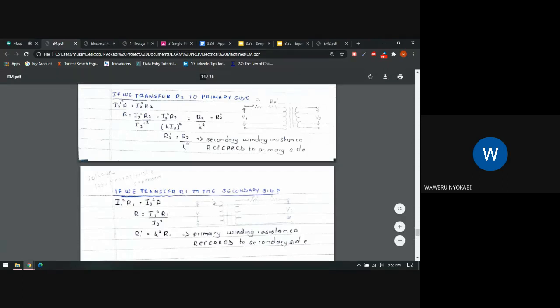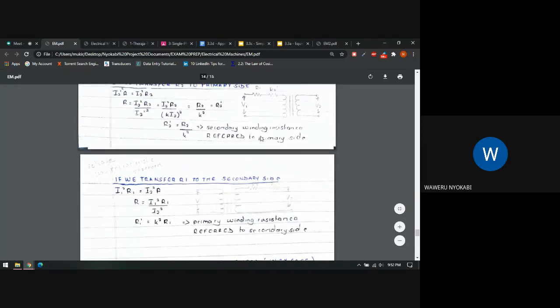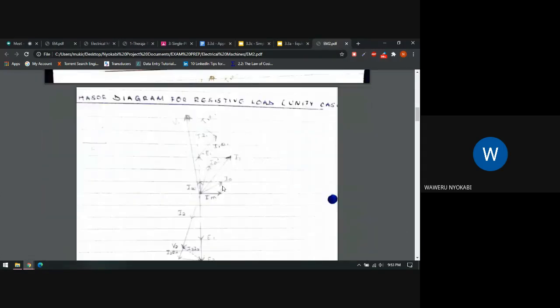Then let's see what it would be if we move the resistance in the primary side to the secondary side. This is what it would be, because I1 squared R1 is supposed to be equal to I2 squared R, and then it will give us K squared R1. We're going to need that for the following question.